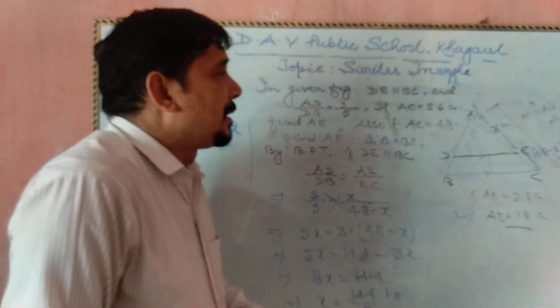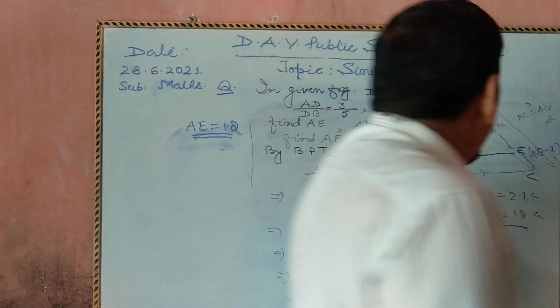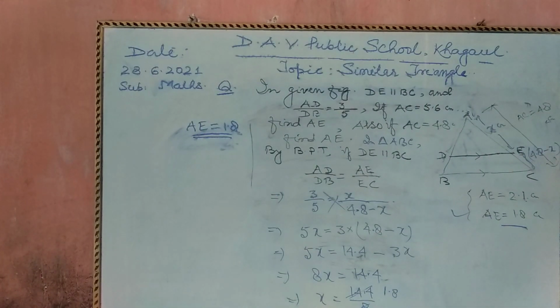Because the ratio of the sides on one side of the triangle is already given, AD by DB, you have to take the same ratio on the corresponding sides of triangle ABC. So AD by DB is equal to AE by EC.